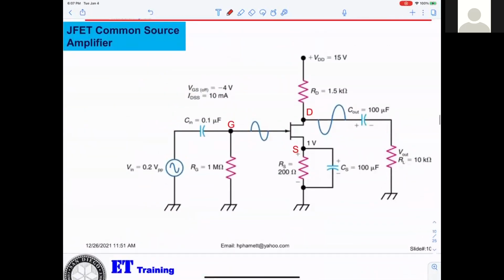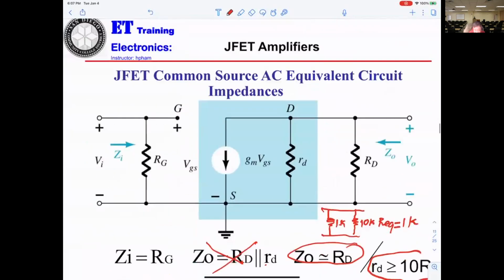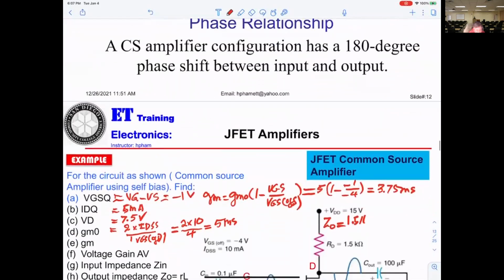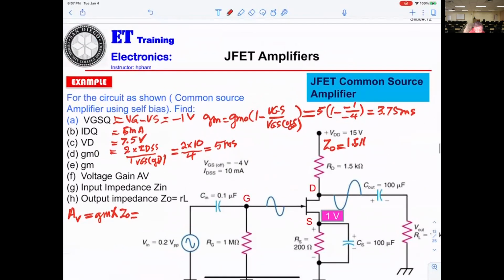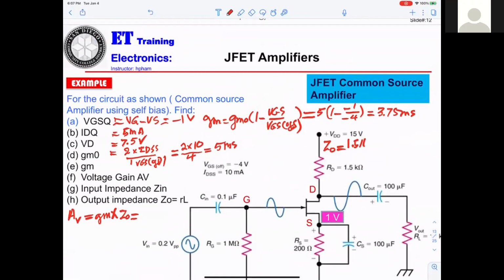Oh, that 10K. So it's 1.5K in parallel with 10K. Exactly. So 1.5 times 10 divided by 1.5 plus 10.